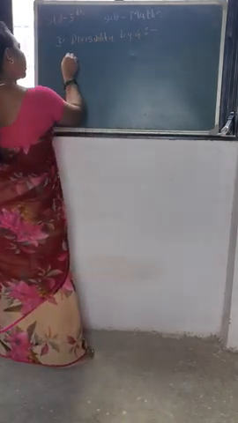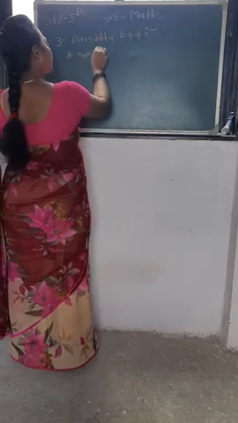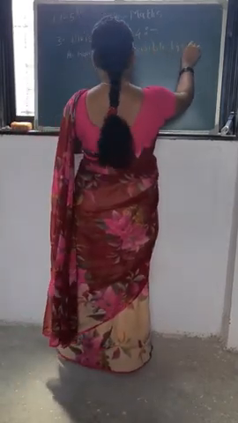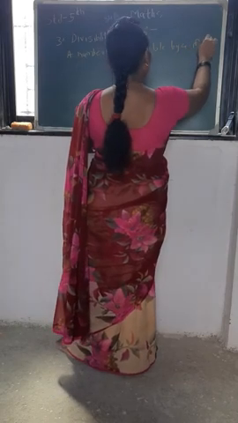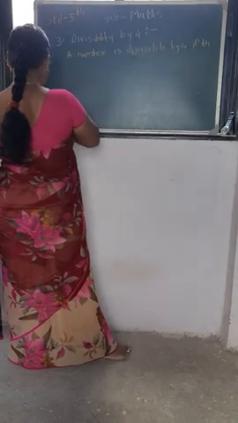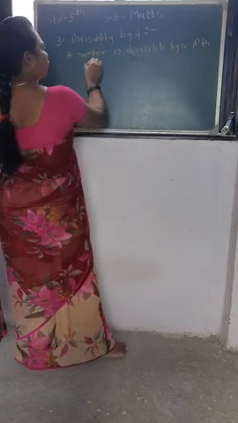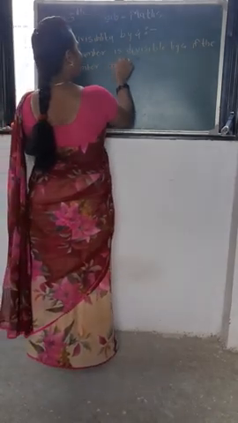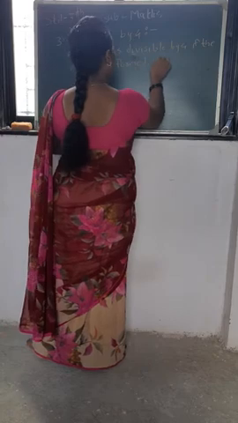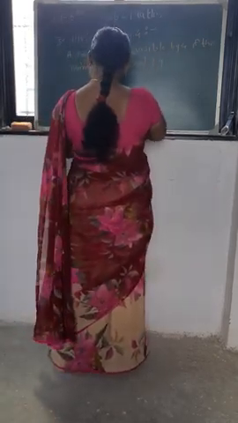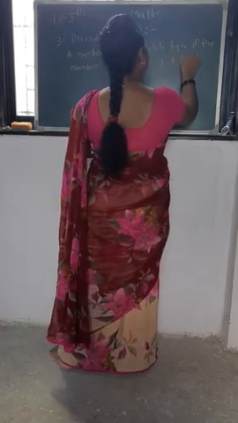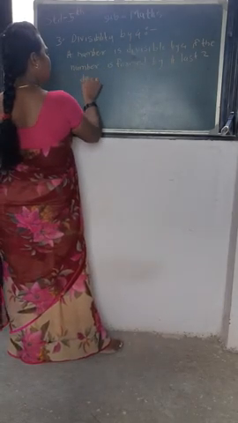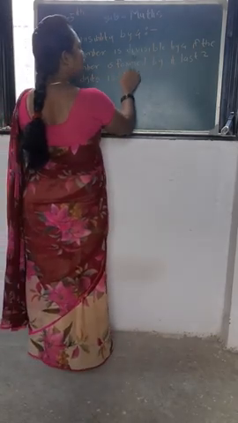A number is divisible by 4 if the number formed by its last two digits is divisible by 4.